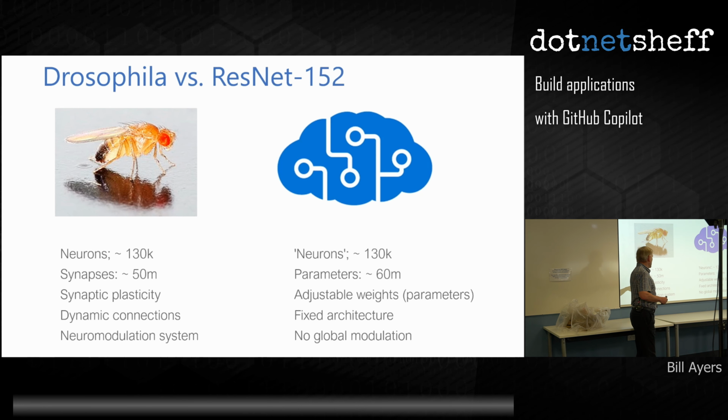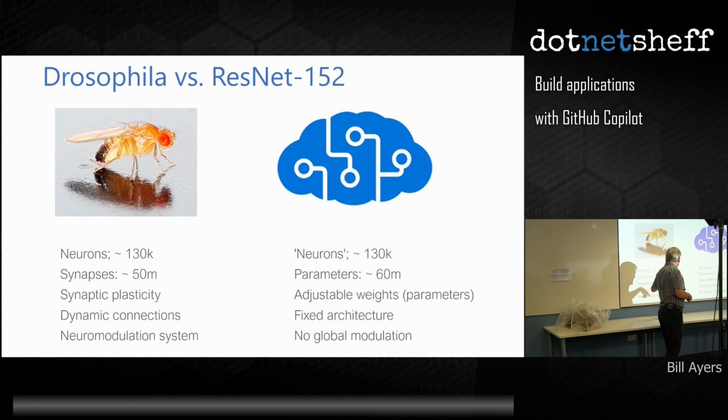Slight differences though. In the case of a biological brain, it has a few other tricks, like it can change the wiring on the fly, as it were. It can remap the connections, which you don't normally do with a neural network. Usually you set the architecture up and then you train it.